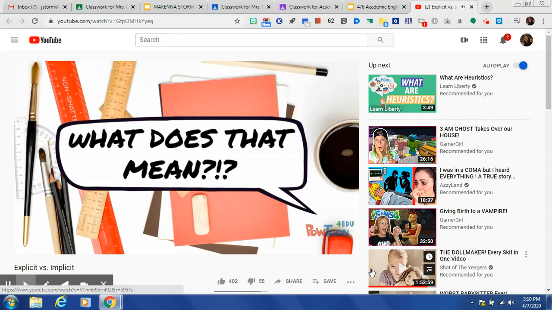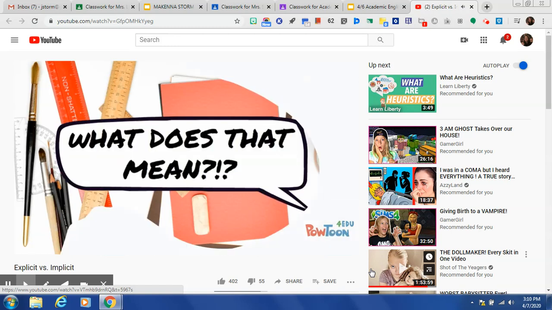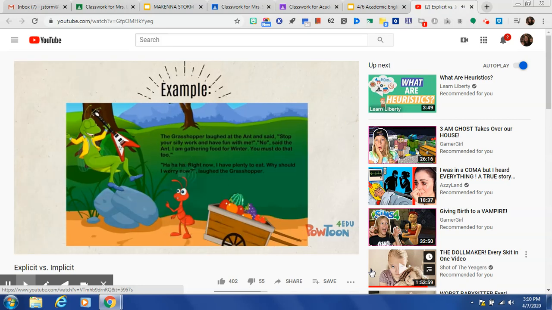But what exactly does that mean? So let's take a look at this selection from a story. The grasshopper laughed at the ant and said, "Stop your silly work and have fun with me." "No," said the ant, "I'm gathering food for winter. You must do that too." "Ha ha! Right now I have plenty to eat. Why should I worry now?" laughed the grasshopper.